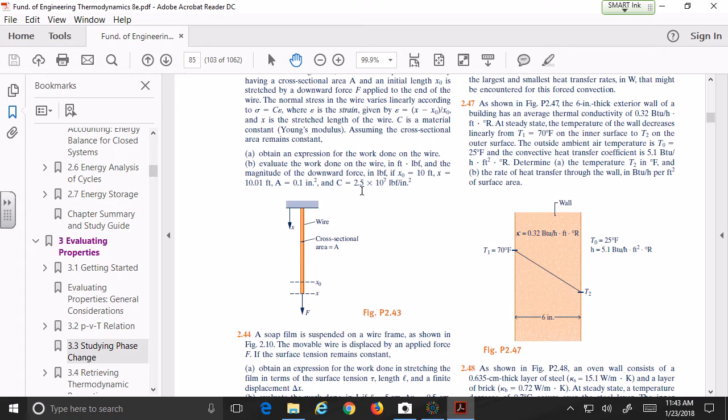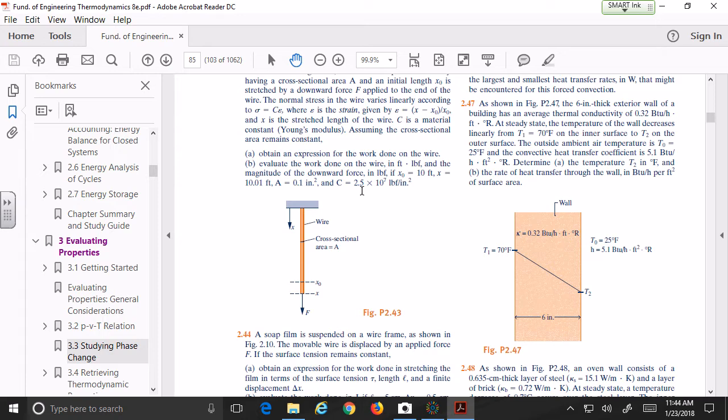Okay, they tell you that the hot temperature on the left, T1, is 70 degrees Fahrenheit, and the temperature on the other side, T2, I guess that's what we need to find. So T2, I guess that's the unknown. And then on the other side of the wall, what do you have?